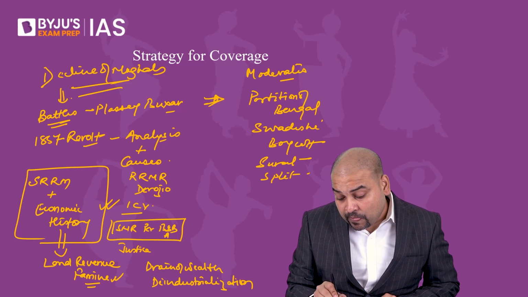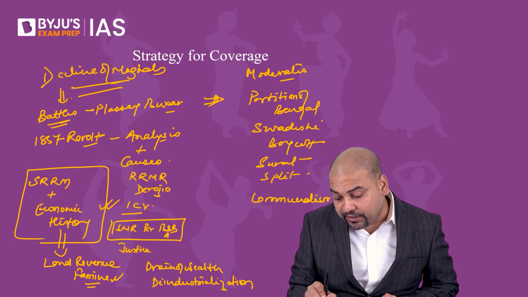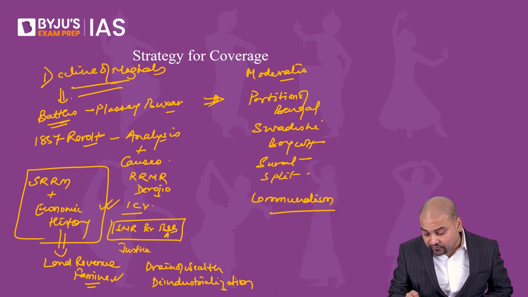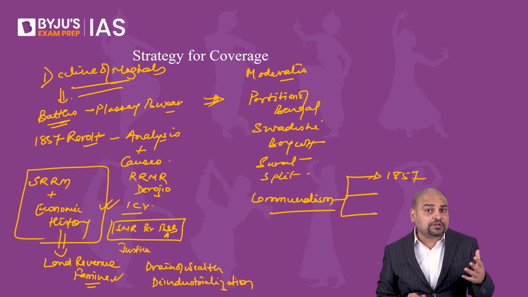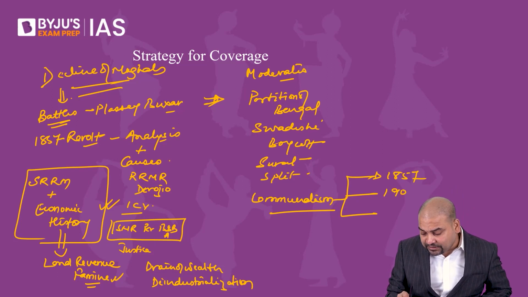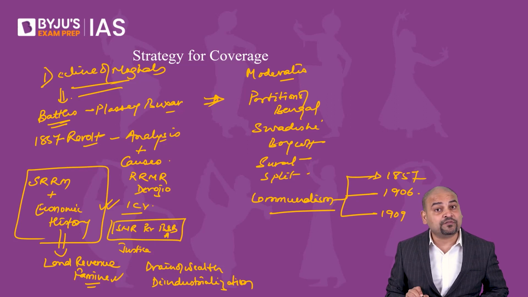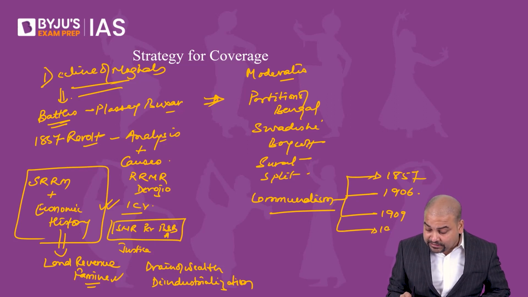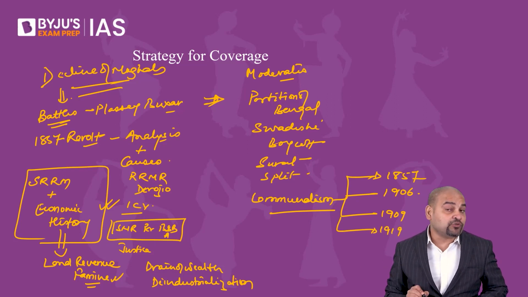Moving ahead, there can always be a very good question on communalism. And here you will have to include every point. For example, how communalism started after 1857 because of the divide and rule policy of the Britishers. Then formation of parties like the Muslim League in 1906, parliamentary reforms in 1909. Then 1919, the Montagu-Chelmsford reforms.